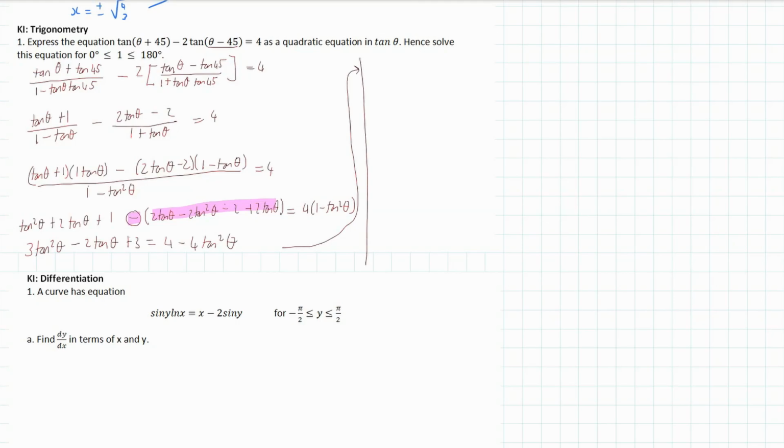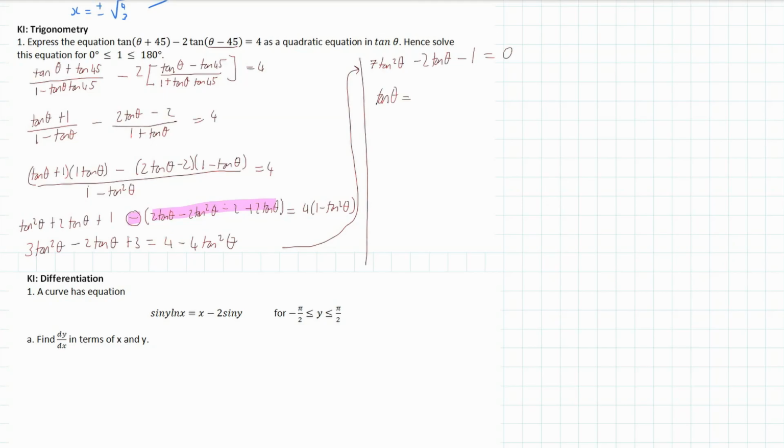Okay, bring everything across to one side. So I'm getting 7 tan squared theta minus 2 tan theta minus 1 equals 0. Now at this point I'm just going to apply the quadratic formula.